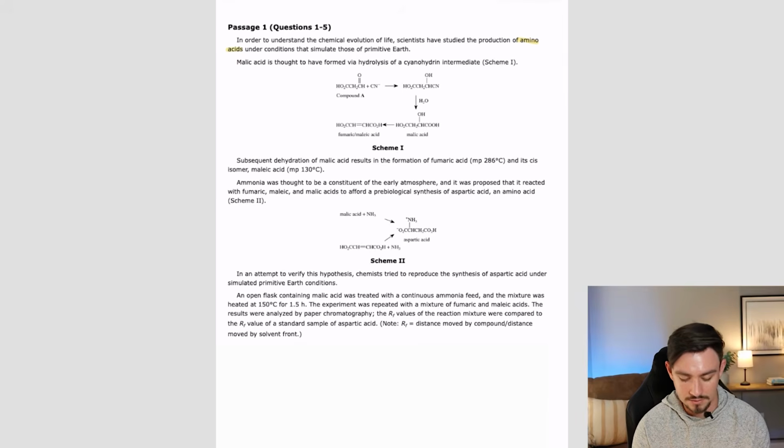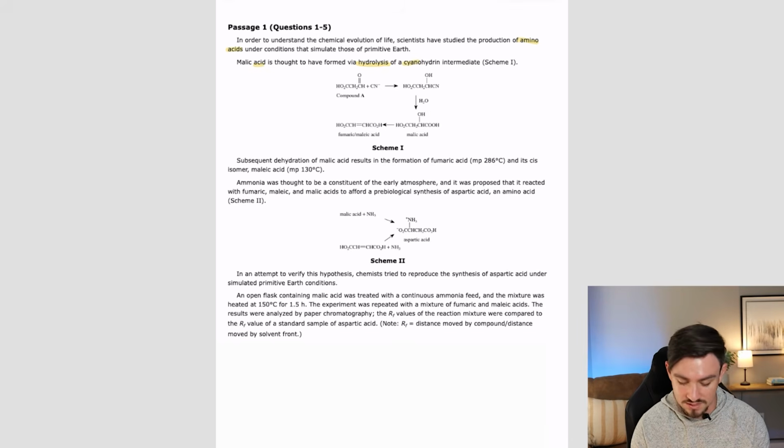So they said to get to amino acids, malic acid is thought to have formed via hydrolysis of a cyanohydrin intermediate, okay? So hydrolysis is certainly a basic science, and then you can really lean into some of the functional groups and things of that nature. So cyan could be considered one, acids could be considered one.